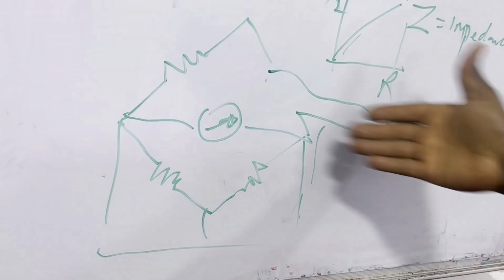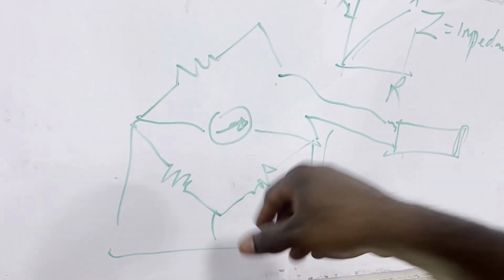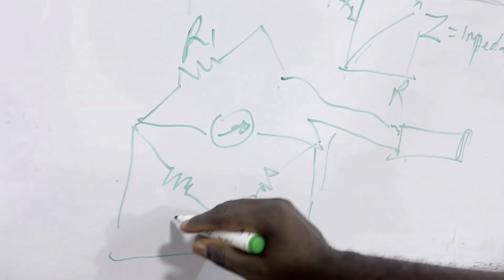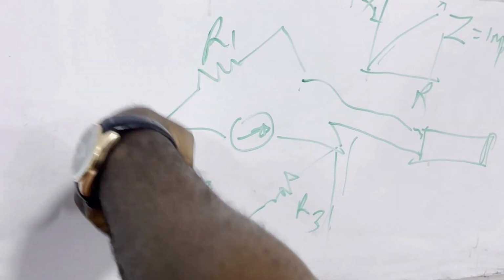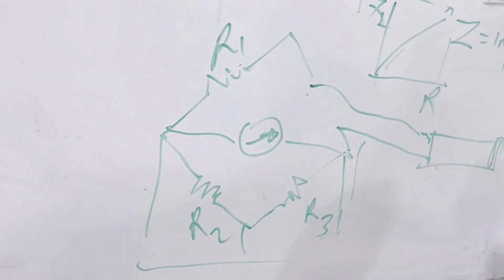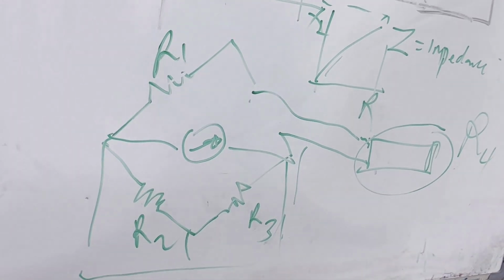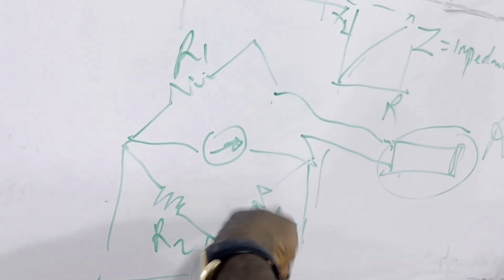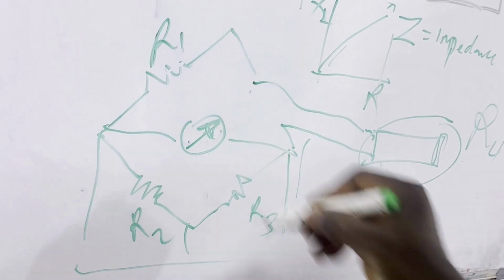And we all know that in a bridge, if there is a change in resistance in any of these, R1, R2, R3, even this probe on its own is a resistance, it's going to affect your indicator.